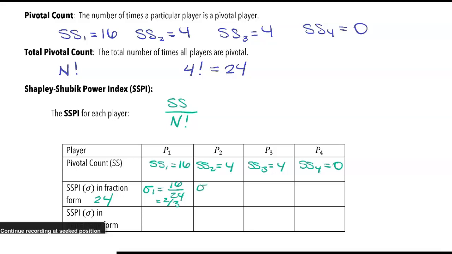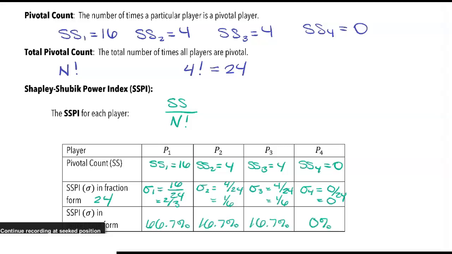Player 2 was pivotal 4 times, so sigma 2 is equal to 4 over 24, which simplifies to 1 over 6. Player 3 was also pivotal 4 times, so sigma 3 is 4 over 24, which simplifies to 1 over 6. Player 4 was never pivotal, so sigma 4 is equal to 0 over 24, which of course is 0. Switching these to percentage form, we have the following.